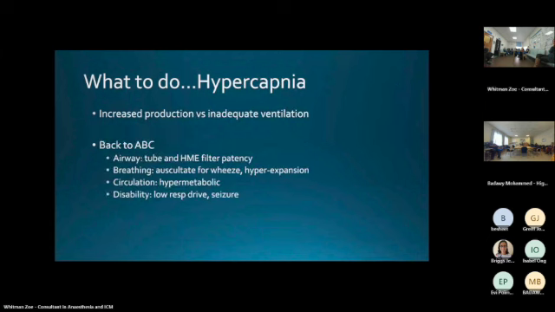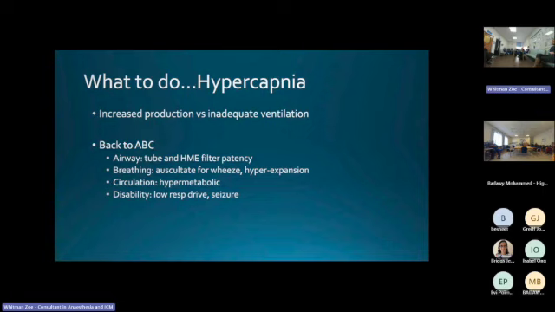Okay, hypercapnia. So if the nurse calls you because they've got a high CO2, you need to work out whether that is because they've got a high production of CO2 because they're very metabolic for whatever reason, or because they have inadequate ventilation, so not breathing it out, or often on here a bit of both.